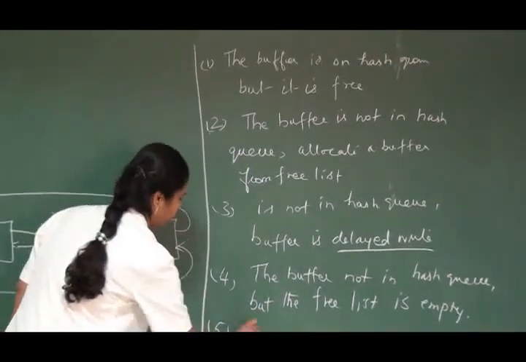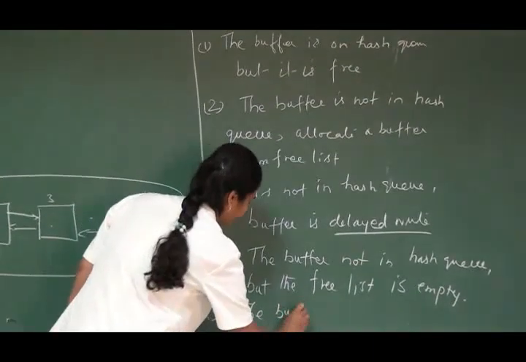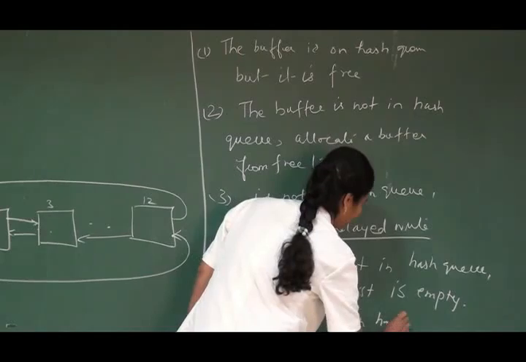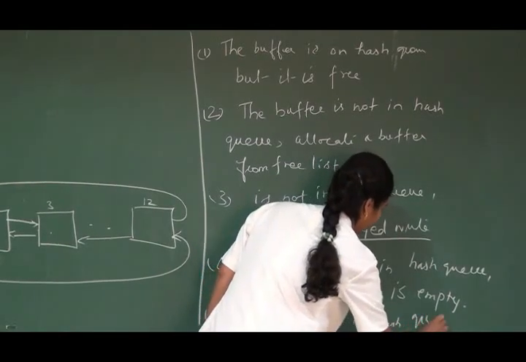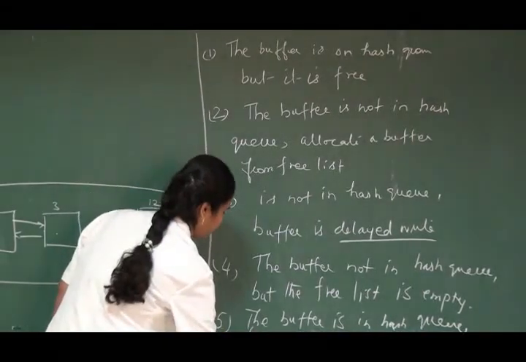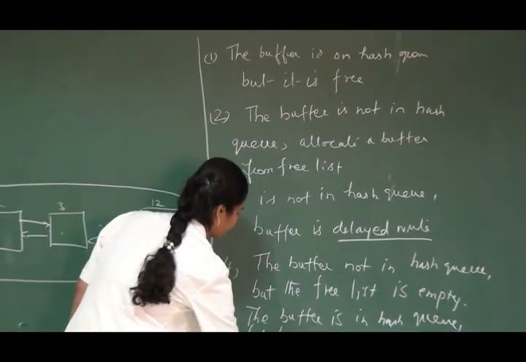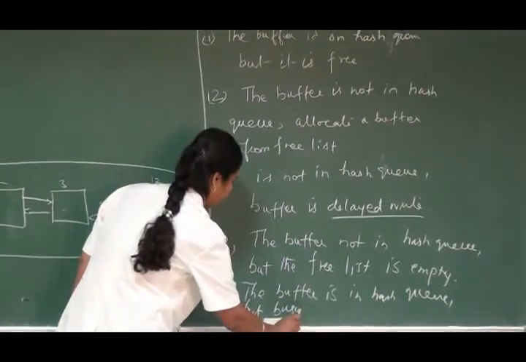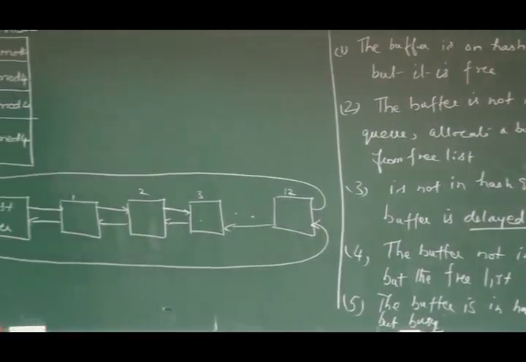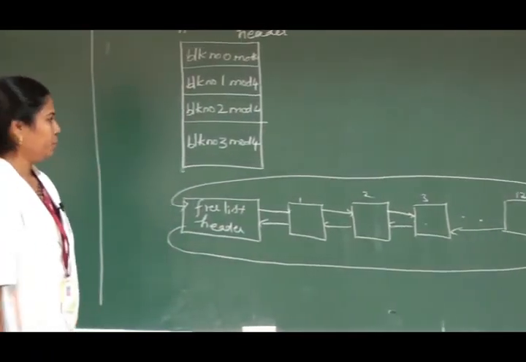Fifth scenario, the buffer is in the hash queue but marked as busy. These are the 5 scenarios for allocating a buffer in the hash queue.